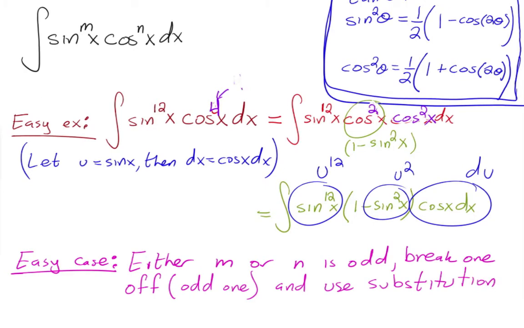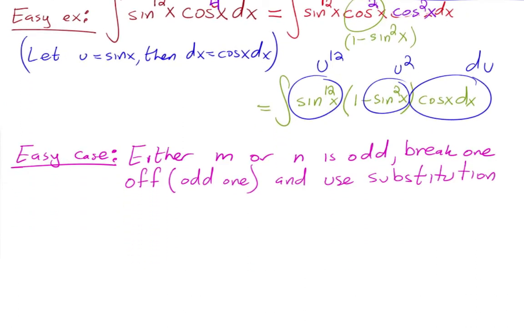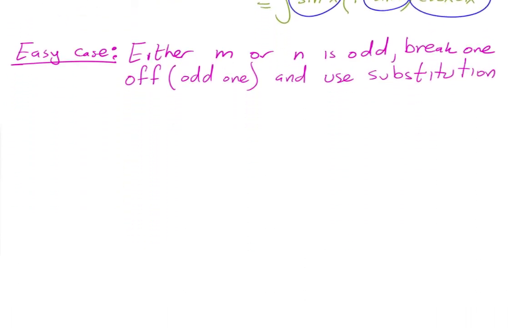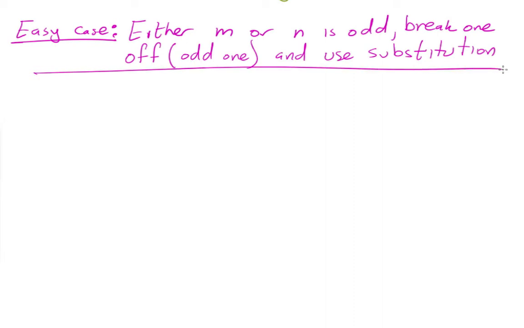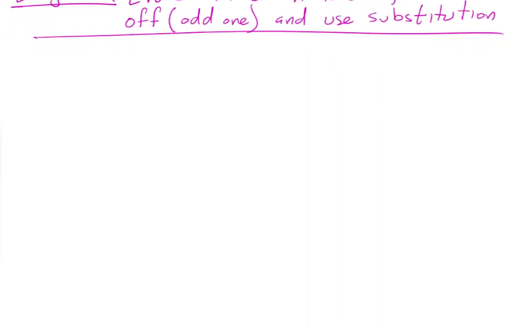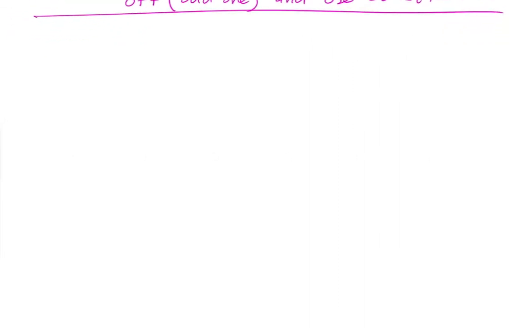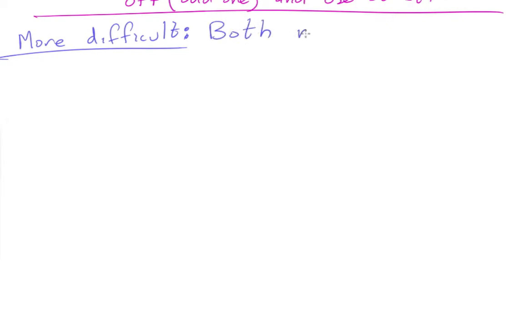Okay. So now, as long as either sine or cosine is odd, then we're good to go and we can do that. Now, suppose, and we'll write this down, this is the more difficult case. Instead of at least one odd, let's say that m and n are both even.